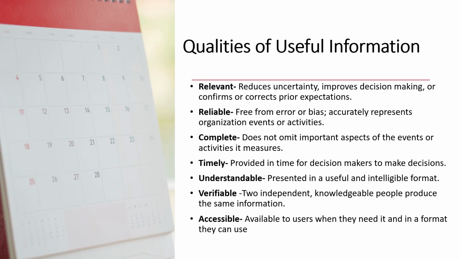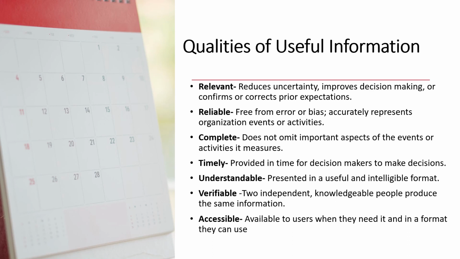And then we have understandability. The information is presented in a useful and intelligible format that will help the decision maker understand how the information is presented. Then we have verifiability. This information is verified by two independent or knowledgeable people who produce the same information.